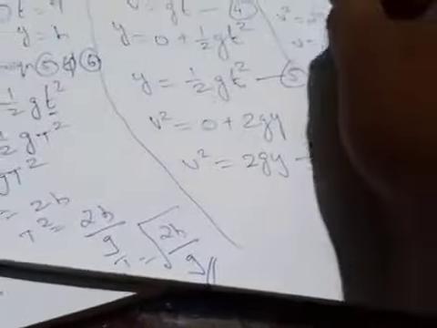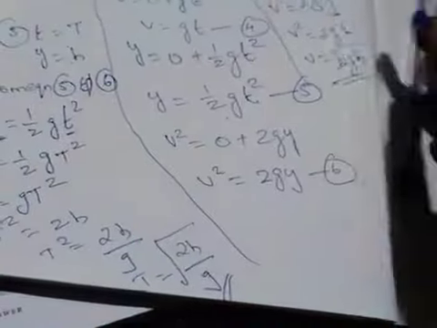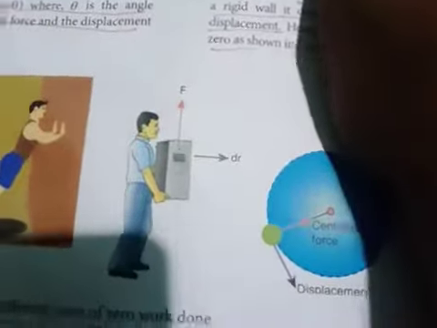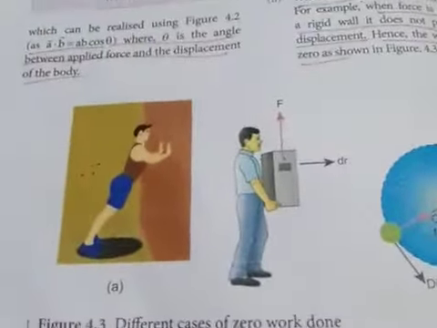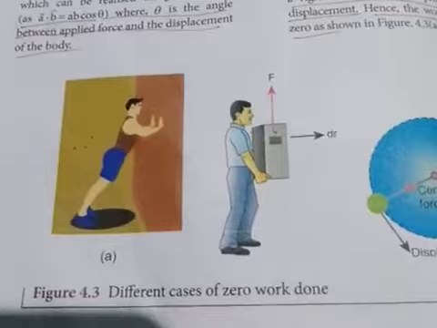Assume one smooth surface without a force. Assume that it is a horizontal frictionless smooth surface, like we have studied in the second unit, the starting portion.